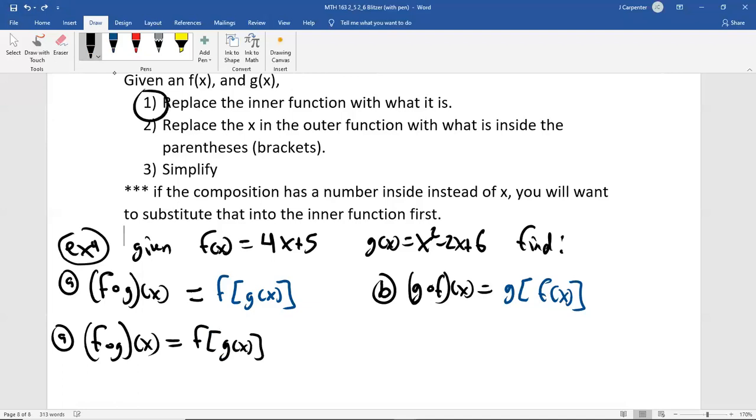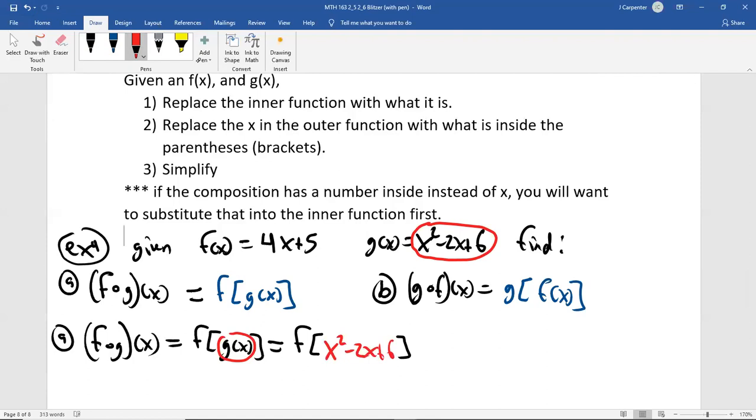So first step, replace the inner function with what it is. So we are going to replace the inner function g of x. Let me pick a different color. We're going to replace this thing with what it actually is, and g of x is actually x squared minus 2x plus 6. So this becomes f of, and you could change this to a parentheses if you wanted, since there will be no more, and then x squared minus 2x plus 6.